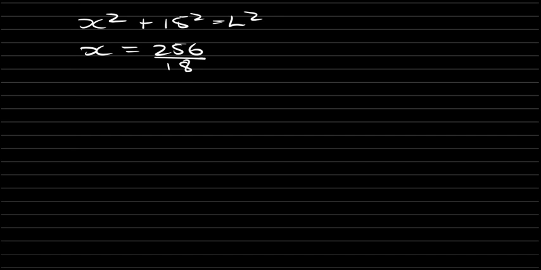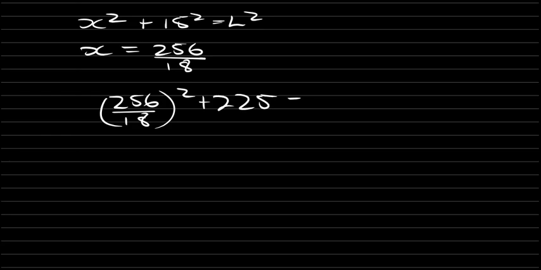So now we're substituting for x into there, so it's 256 over 18 squared plus 15 squared. We said 15 squared is 225, so let's put it in there just for simplicity's sake, and that equals L squared.